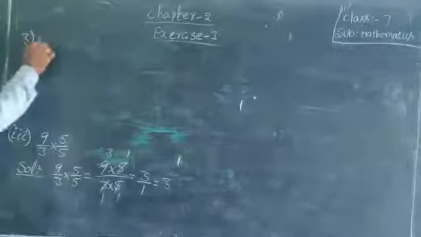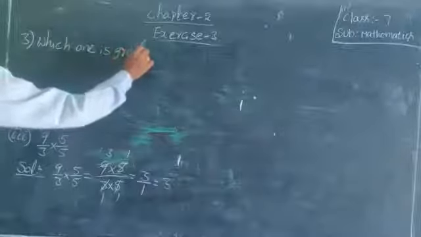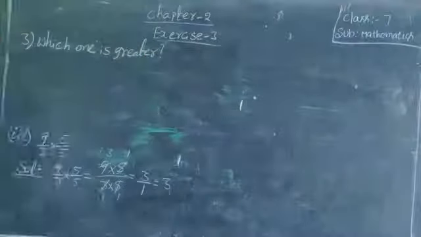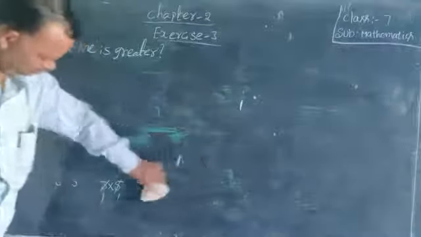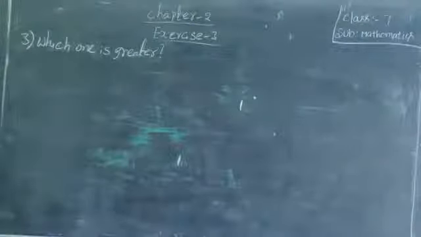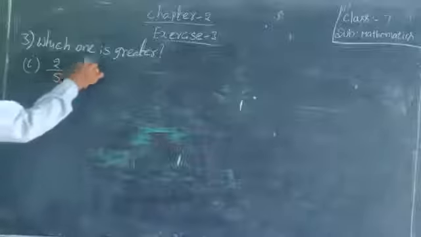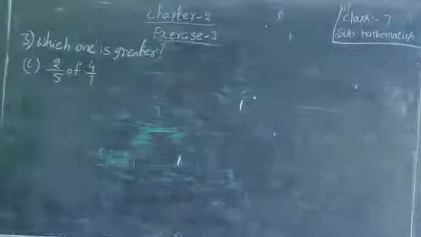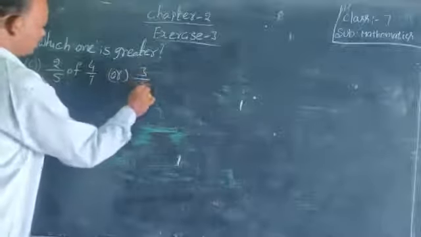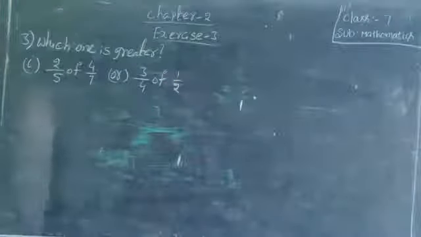which one is greater? Here the first value is 2 by 5 of 4 by 7, and the second is 3 by 4 of 1 by 2.